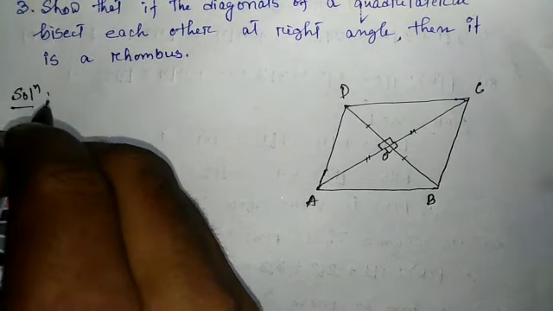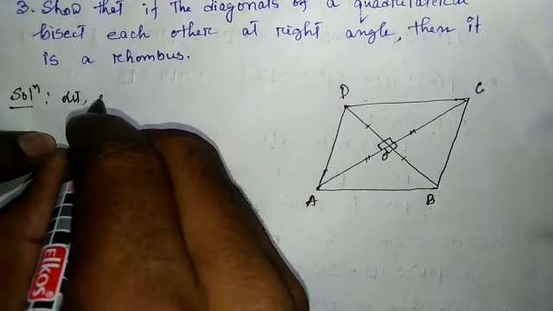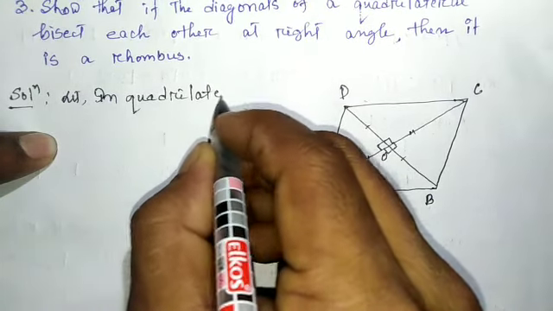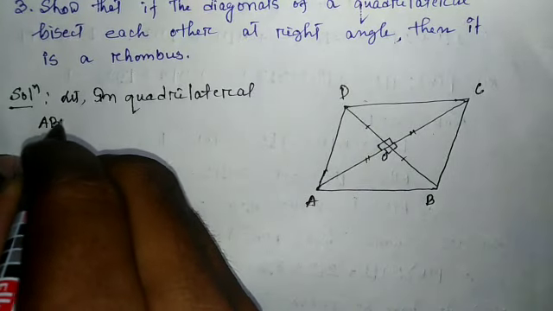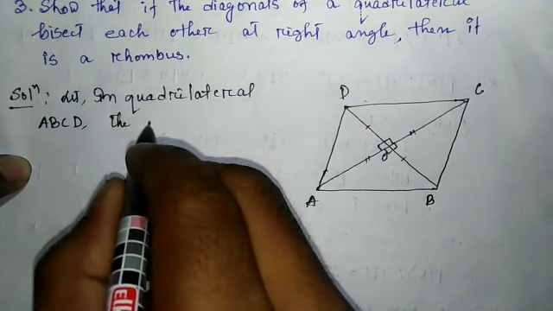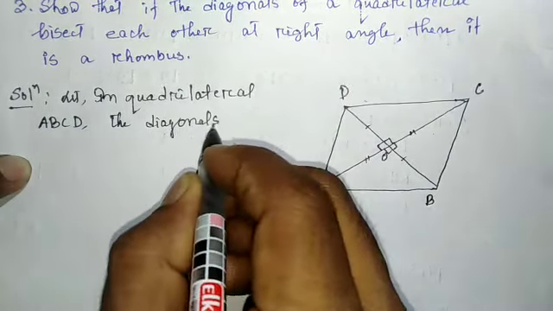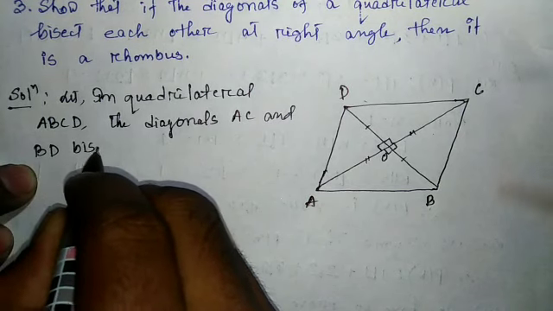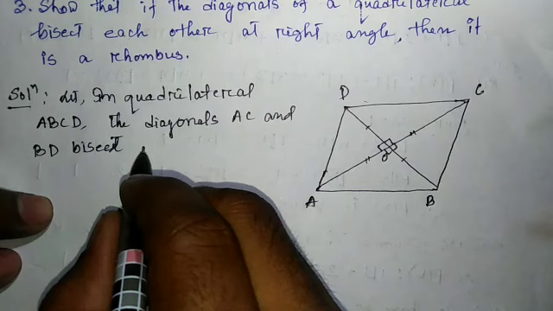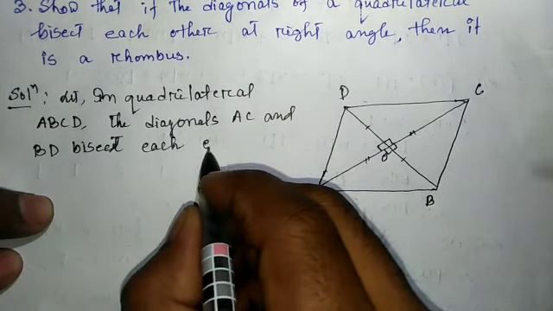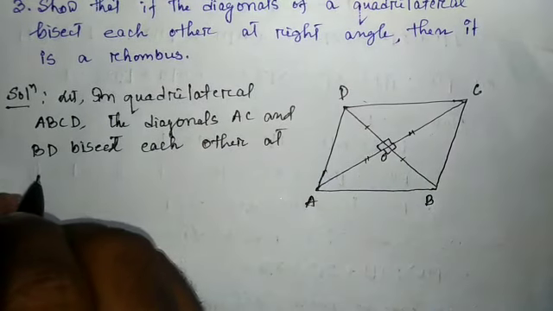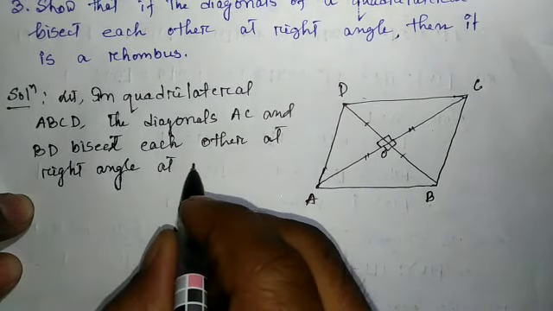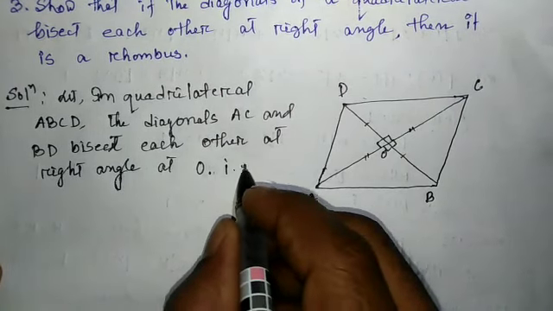What is given? Let in quadrilateral ABCD the diagonals AC and BD bisect each other at right angle at point O. That means this is what is given.